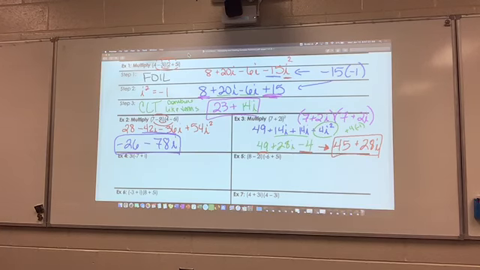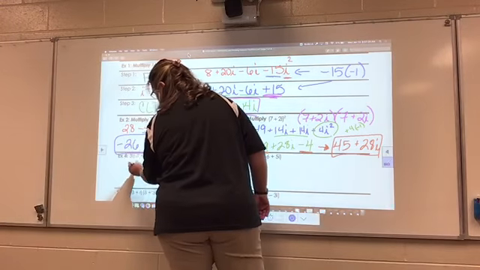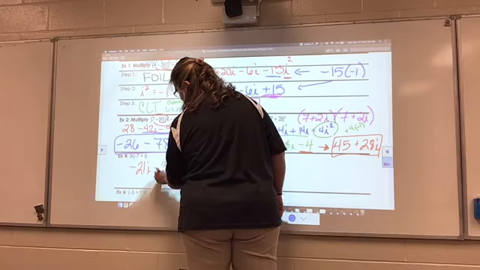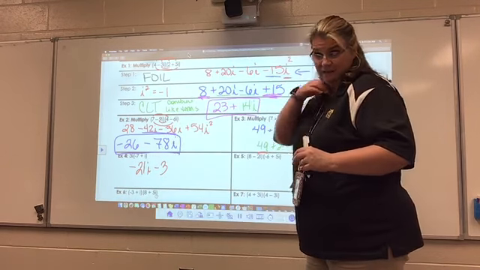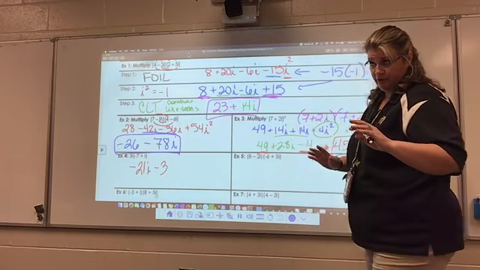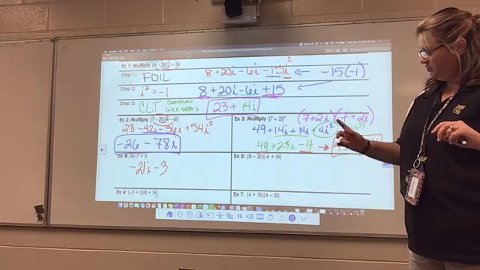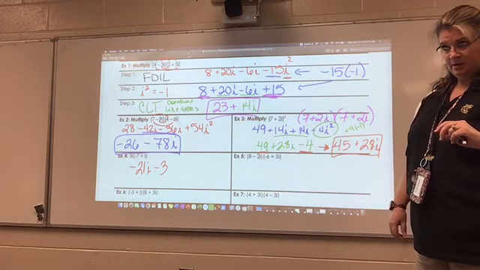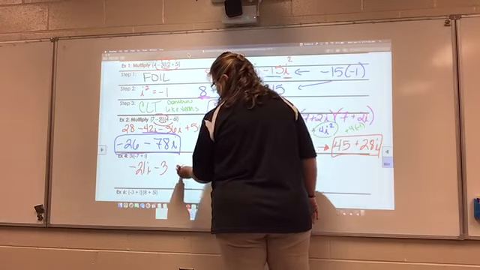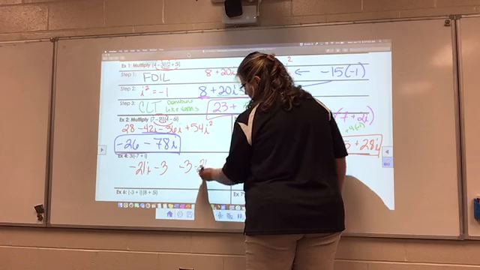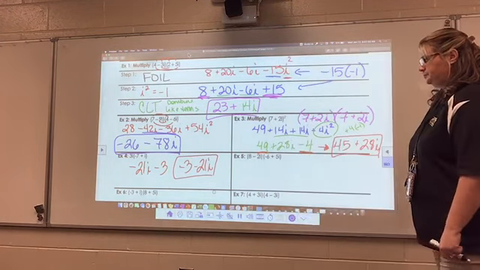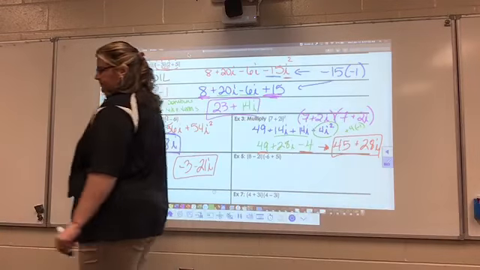So now you've got this. But how do we need to fix that? Need to get it in our famous standard form for complex numbers. So what do I need to do with that -3? Yeah, I need to flip flop them, right? So it's just -3 minus 21i. Very good. Good job.